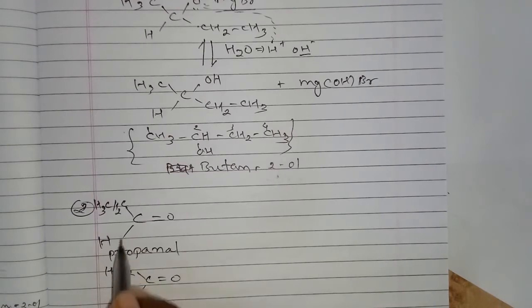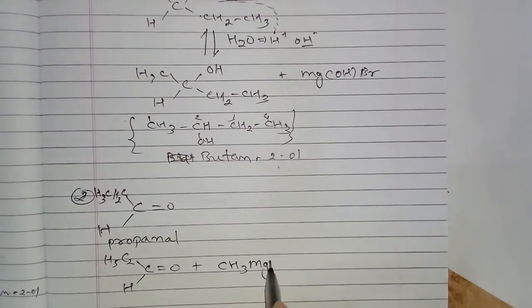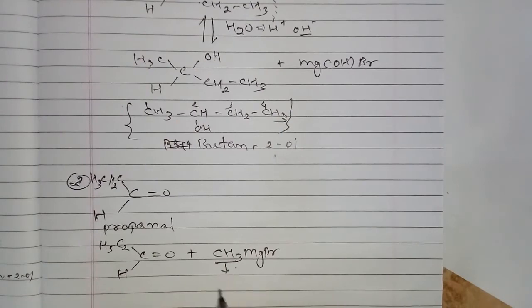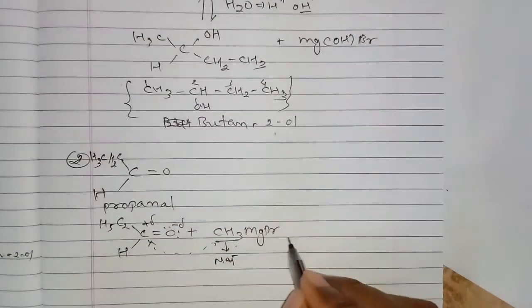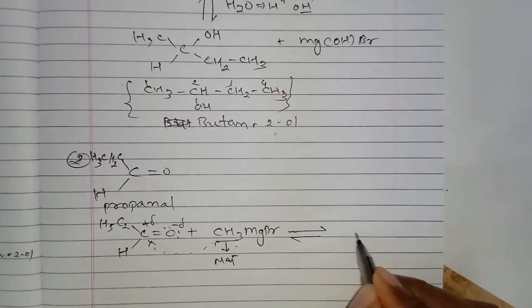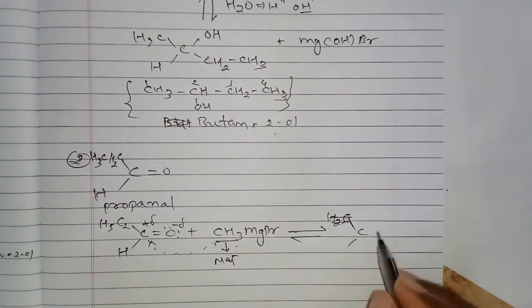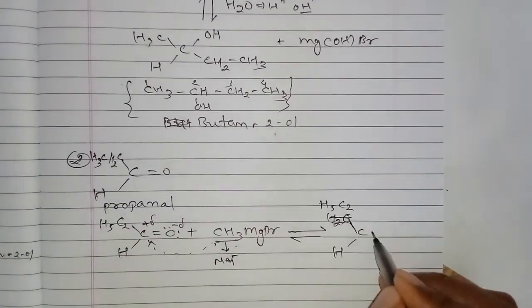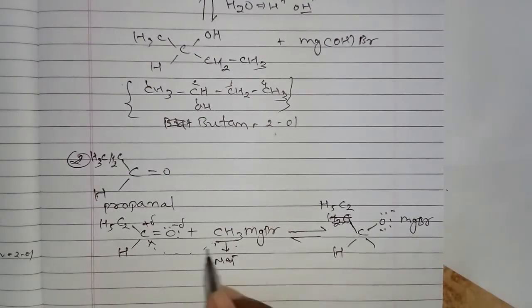C2H5, and here CH3MgBr, methyl magnesium bromide, which is the nucleophile, which attacks on the carbon, and it forms H5C2 here, and here hydrogen is attached, oxygen, MgBr, rest of the part.